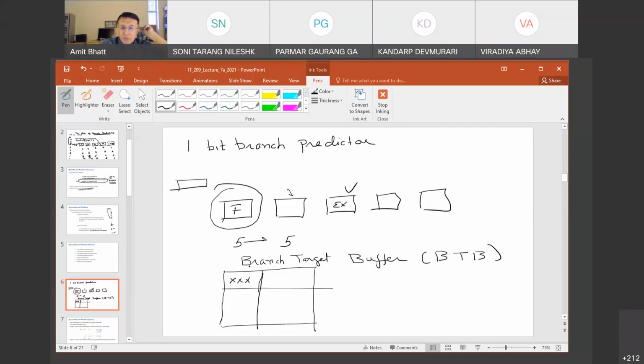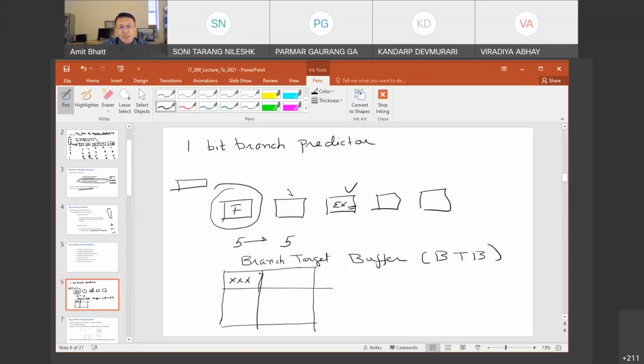Now, your program counter says a value of XXX. If the branch is taken, it will give you some value where it will have to go. So in the second stage, of course, this is empty because it still has not been executed. In the third stage, when it comes to execute, you will find out that you have to go to instruction number 1 and not go to instruction number 6.